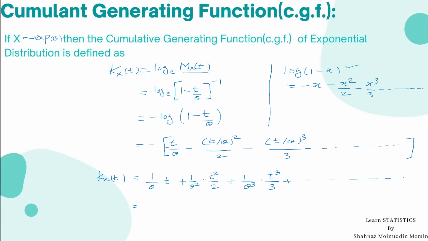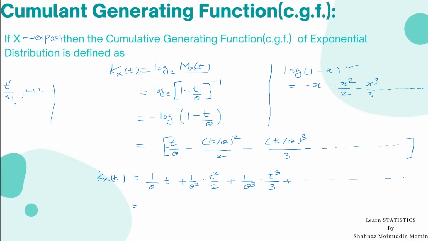In the expansion of the cumulant generating function, we rearrange the factors in such a way that we get the cumulant generating function in the form of t raised to r divided by r factorial, where r is 1, 2, like that.